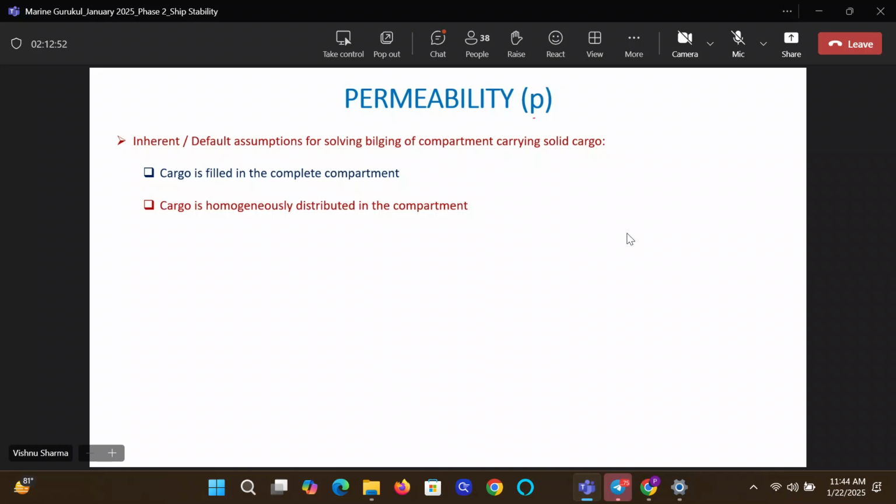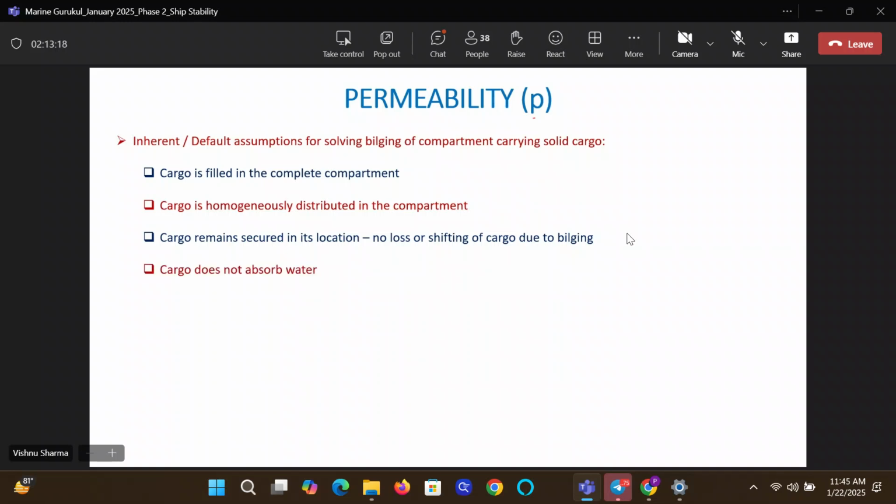Cargo is homogeneously distributed in the full compartment. Cargo remains secured in its location even after bilging. The cargo remains secured to the ship and no cargo is lost to sea. Because if tomorrow you say the bilging was so huge some cargo is lost, then you have to give those details: from where it was lost, how much was lost.